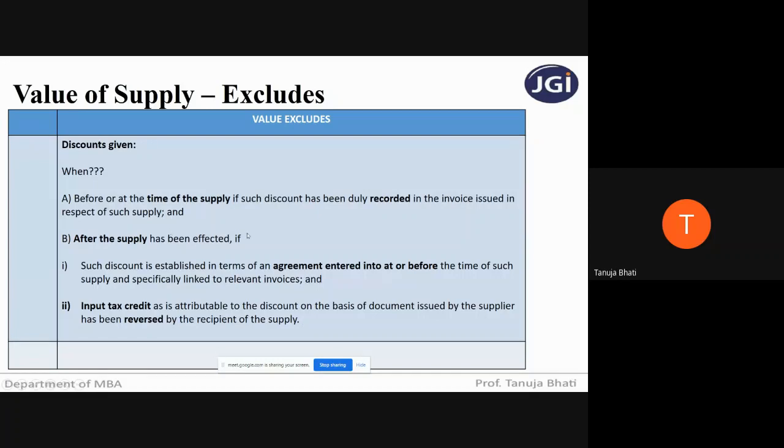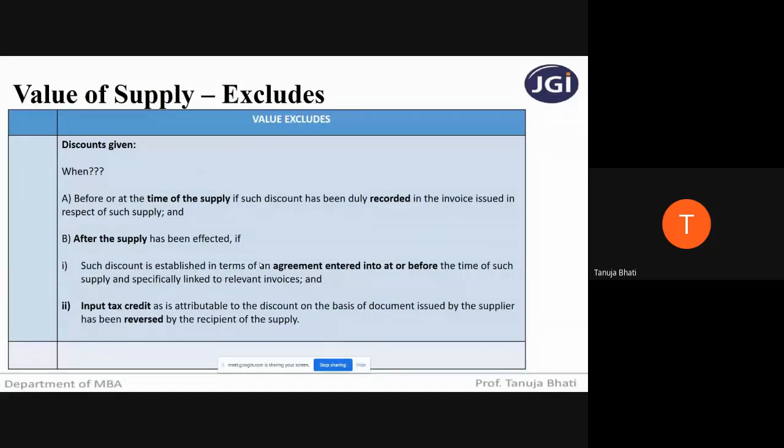So just let me explain this in short to you all. Suppose, same example again, I'm continuing. The supplier in Bangalore is supplying the goods to the recipient in Mahabaleshwar. So what is happening here is, at the time of supply or before the supply, he is not giving any kind of discount, but after the sale is made, he's giving a discount, but this discount has been decided before the supply.